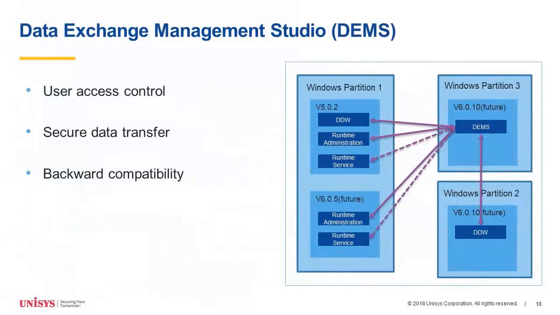You can choose whether to support secure data transfer among the Data Exchange Windows components, and if so, what certificates should be used to enable that. In the sample diagram on the right, there are 3 Windows partitions. In partition 1, 2 versions of Data Exchange components are installed. In partition 2, only one DDW is installed, with a future, yet to be released, 6.0.10. In partition 3, DEMS is installed here, and the version is the same as the latest version.